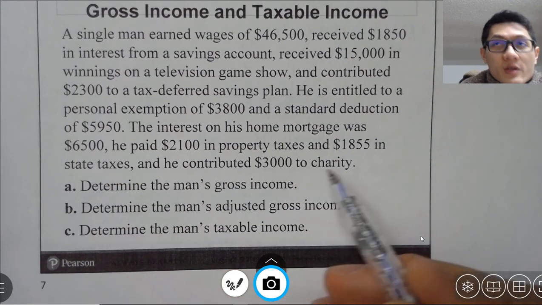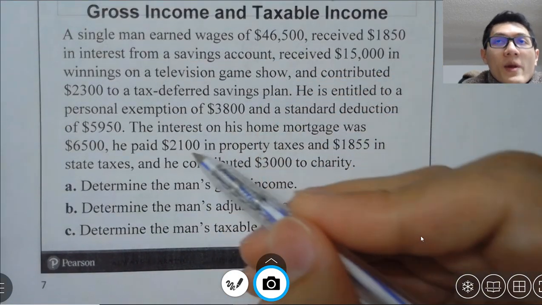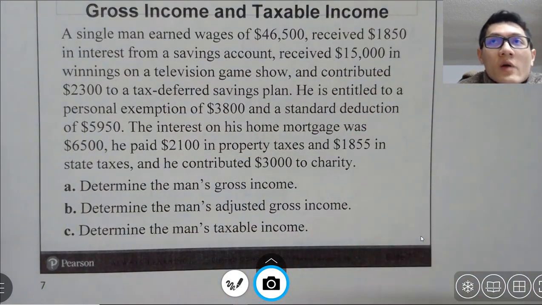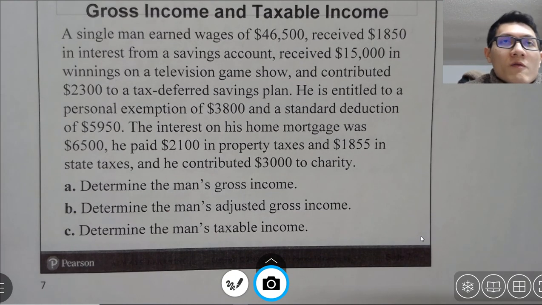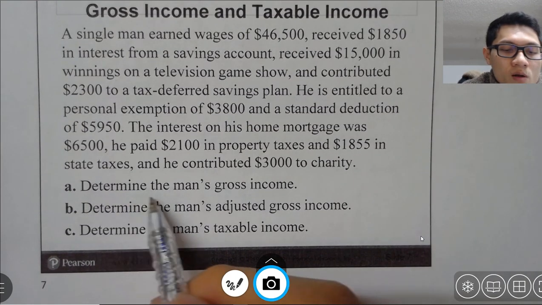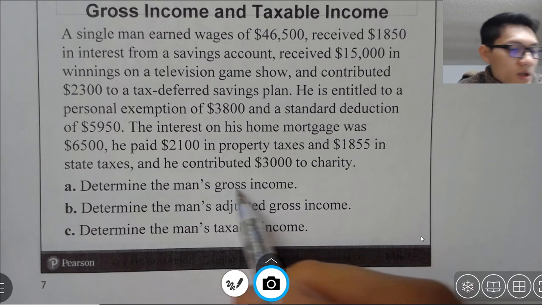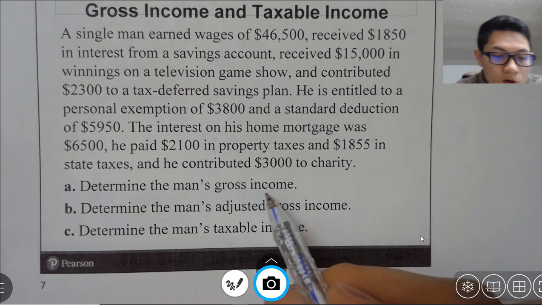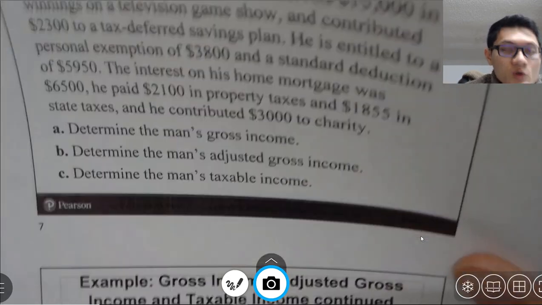Okay, so those are his information about the money going in and out for the whole year. Now, first question: determine the man's gross income. Go back to the first slide.